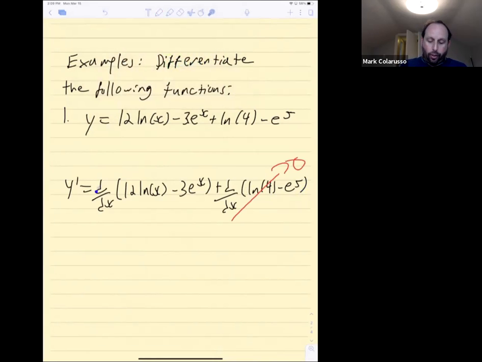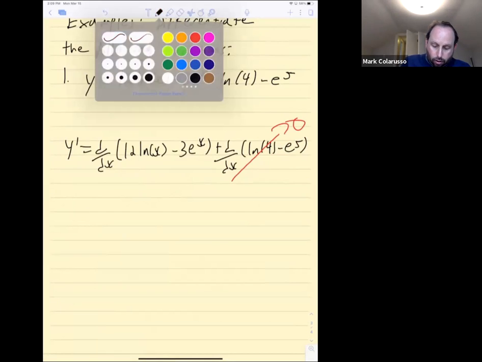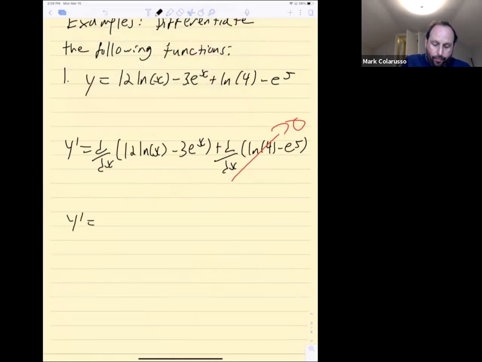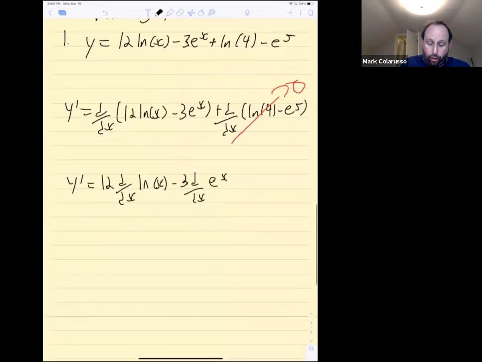Now here we have to do some work, but it's not hard. Let me change back to black ink. So y prime, using our derivative rules from the beginning of the semester, is 12 times the derivative of ln x minus 3 times the derivative of e to the x. And now the derivative of ln x is our new formula, 1 over x.